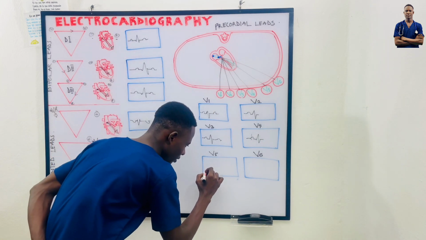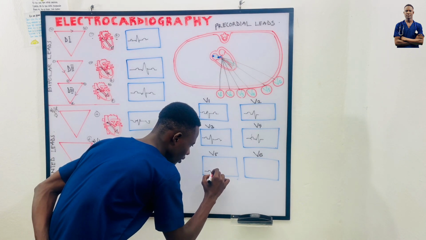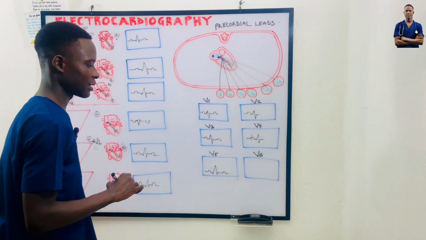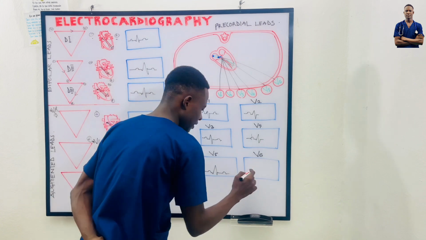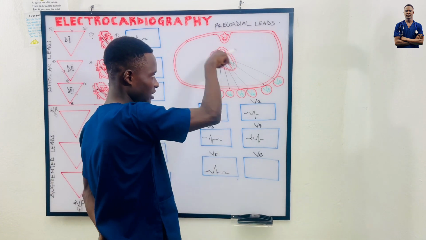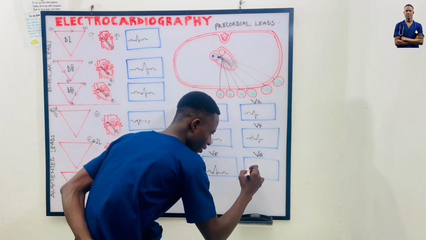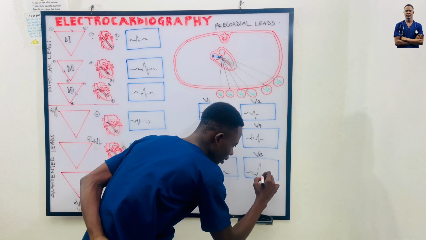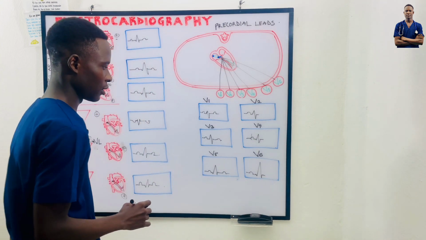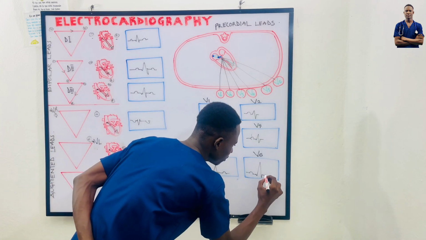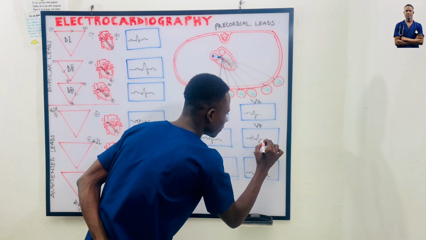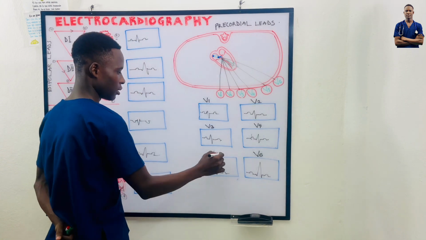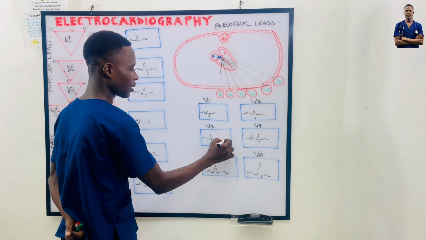So we have our P, our QRS complex. Do you understand? And then you come to the V6, it will be more. As the position, you have our P, our QRS complex. Then you get our T wave.